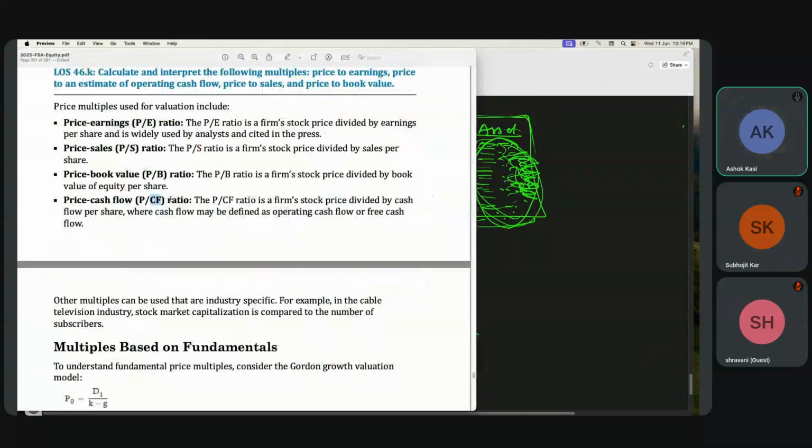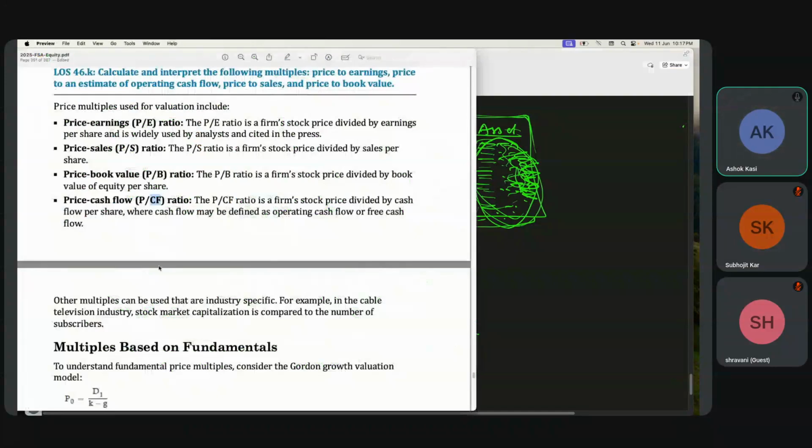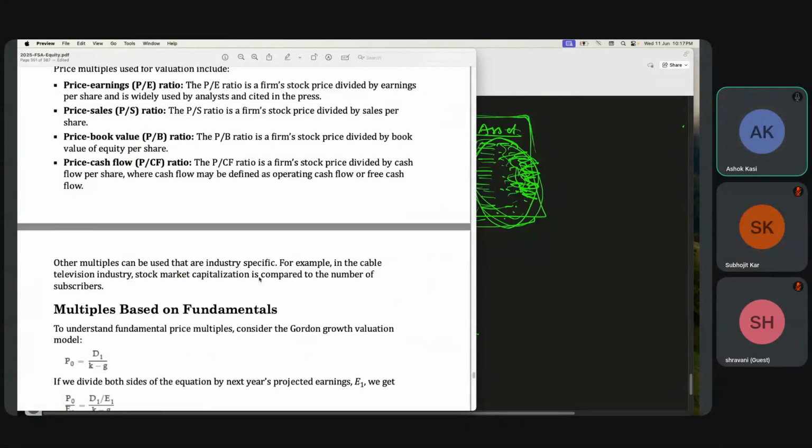That is cash flow. Now, normally people use earnings only, because if you use cash flow, then you are being too strict. Then you might miss a good company also.